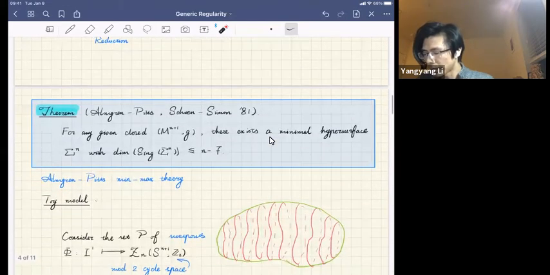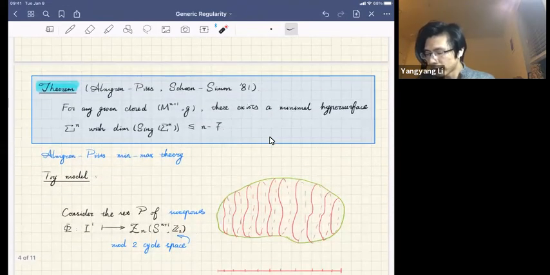The toy model should be as follows. We can consider the set P of some maps. We call them sweepouts, which is a map phi from the interval to the cycle space. This is the mod 2 cycle space.